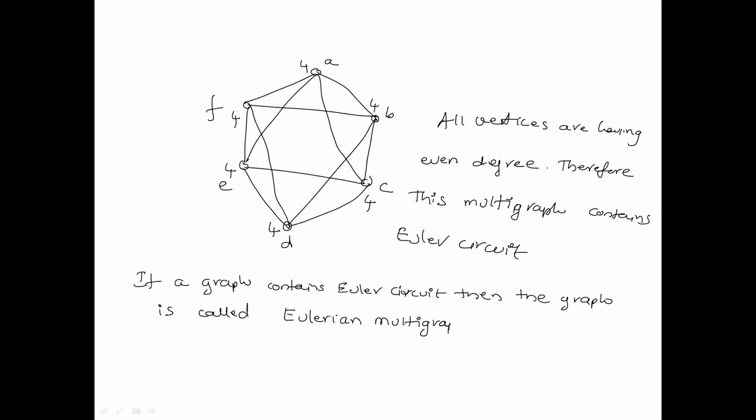This is one important point. When you say graph is a Eulerian multigraph, it means the multigraph contains a Euler circuit.